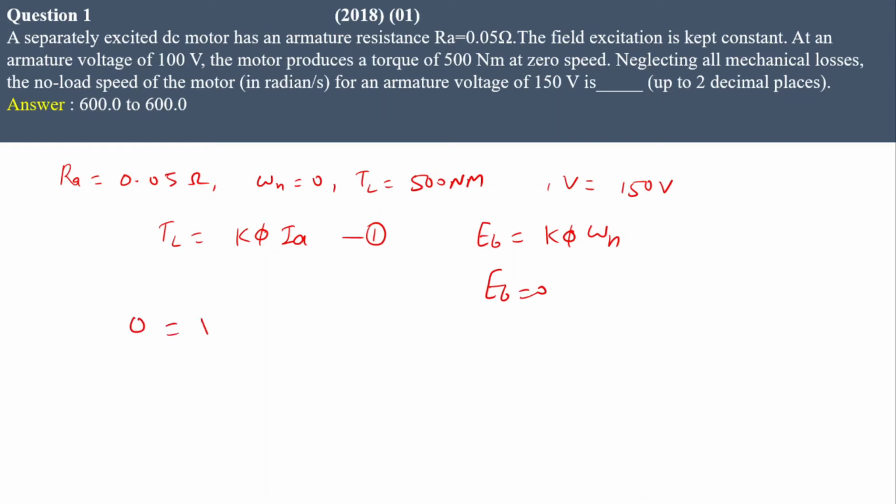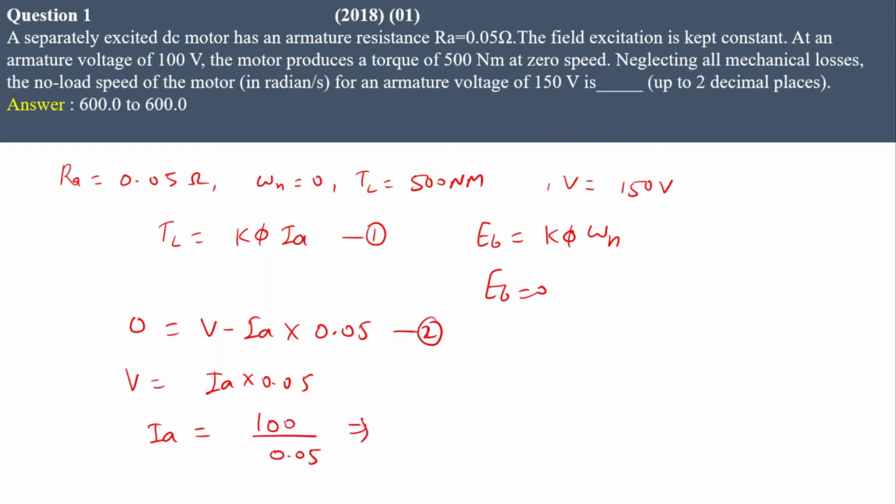So EB equal to V minus Ia into RA, RA is 0.05. This is another equation, equation number 2. So from here you can calculate V equal to Ia into 0.05. Ia equal to V, which is 100, over 0.05.